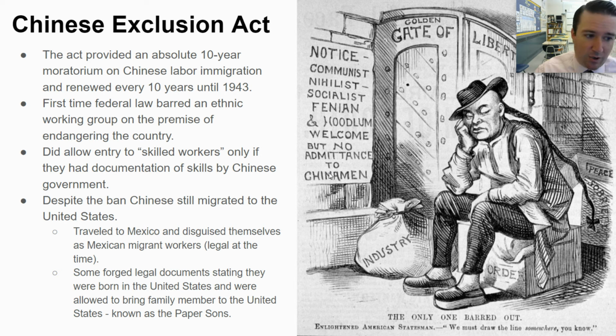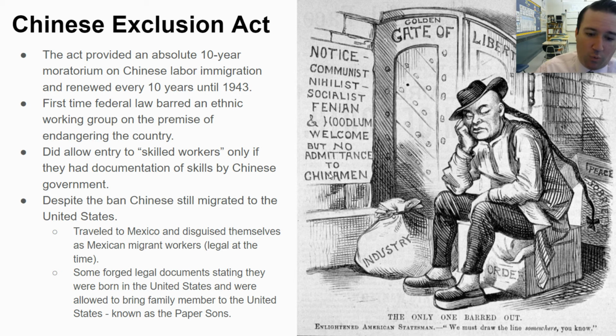Despite the ban, you still had Chinese immigrants who would travel to Mexico and then cross the border illegally into the United States to work on railroads, because the desire and availability of jobs in the West was still very high, and people were going to come here and try to work somehow. So this represented the first wave of illegal immigration in the United States.